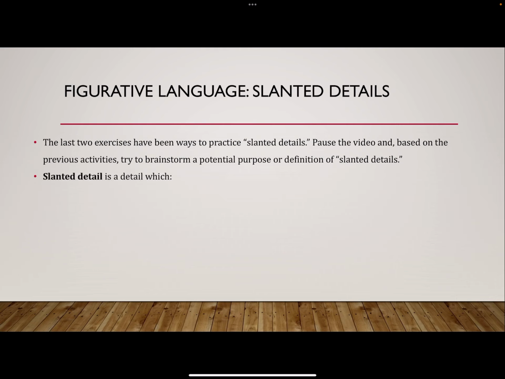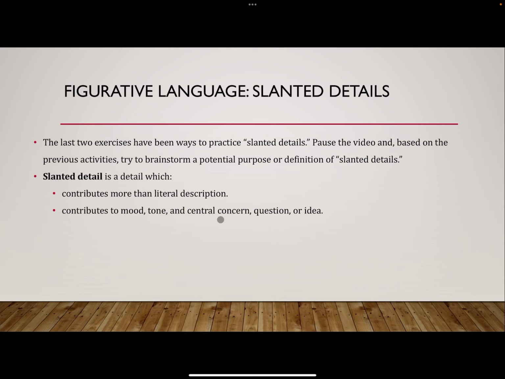A slanted detail is a detail which contributes more than the literal description. If you think back to the beginning of this video, I was saying that, right, with the images, there's the literal image, what we see, and then there's the figurative, which is the associative image that we might be reminded of. It contributes to mood, to tone, and to a central concern, question, or idea.